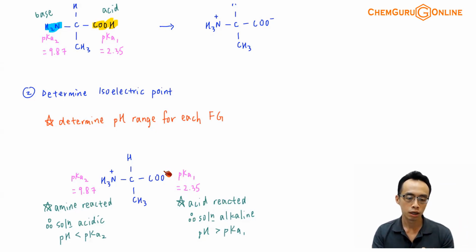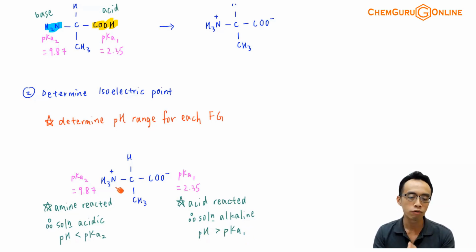What this means is that the solution has to be alkaline with respect to your alpha acid. At that particular pH, my alpha acid thinks that the solution is alkaline with respect to me, and if I'm an acid, I'll respond and react to form COO-. So since the acid has reacted to form the conjugate base, the solution is alkaline with respect to your alpha acid, and therefore the pH of the solution must be greater than pKa1.